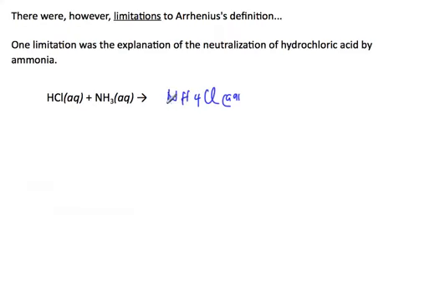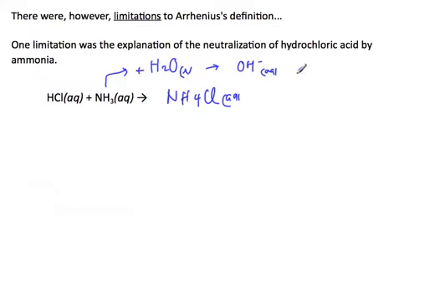Because there's potentially hydrogen with the HCl, the hydrochloric acid, but where's the hydroxide ion coming from? And it was rationalized that actually the ammonia reacts with water, and in that process produces hydroxide ion, and that hydroxide ion combines with the hydrogen ion of the HCl, and that's the production of water.